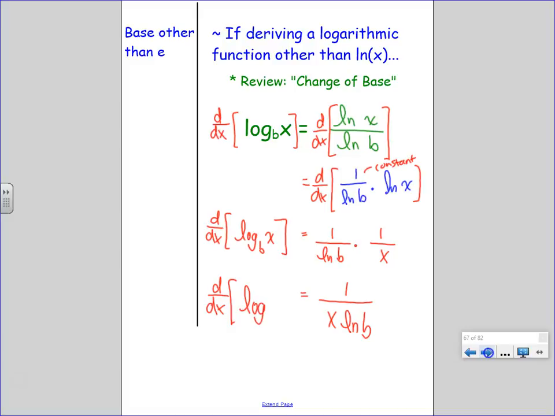And what's going to change if, instead of just an x, I have log base b of u? It's going to be 1 over u ln of b times u prime. Any derivative rule can be made a chain rule, where it's just a simple composition of 2 functions.